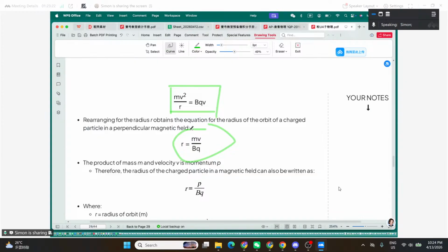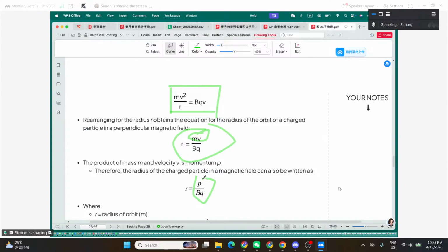And this mv is the momentum, right? Because momentum is the product of the mass and velocity. So finally, we can use the momentum over the product of the flux density times the charge quantity to represent the radius.